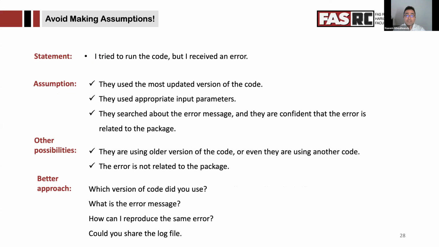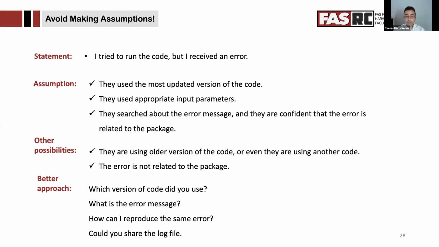Yes, one more example is, I tried to run the code, but I received an error. So in this case, we try to assume that they use the most updated version of the code. They use appropriate input parameters. They searched about the error message, and they are confident that the error is related to the package. But the other possibility here is they might use an older version of the code, or at some point they are using another code.